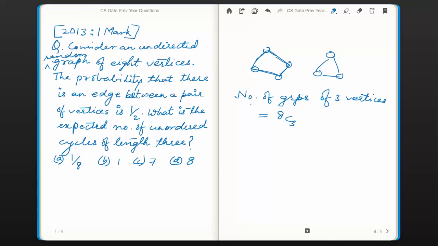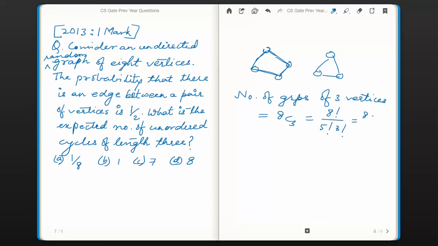So these are the total number of groups of 3 vertices, that is 8C3, and by the formula of combination it is 8 factorial divided by 5 factorial divided by 3 factorial.